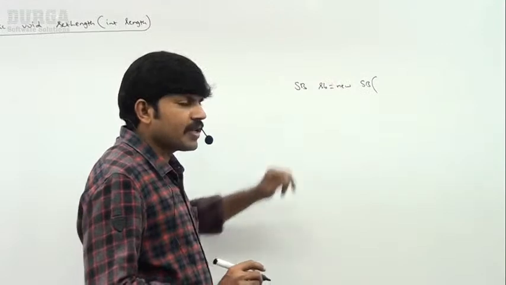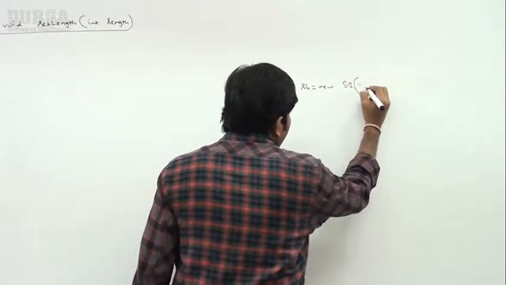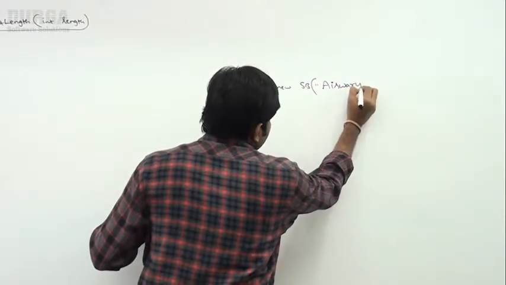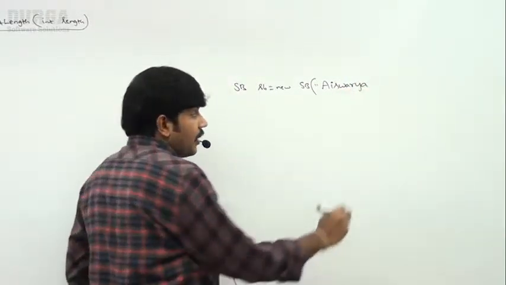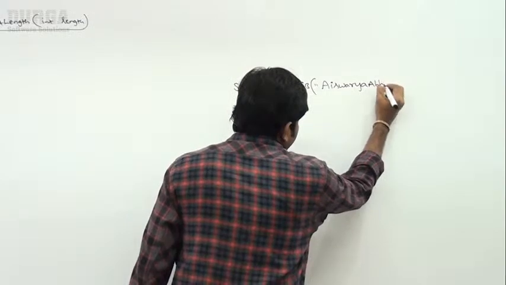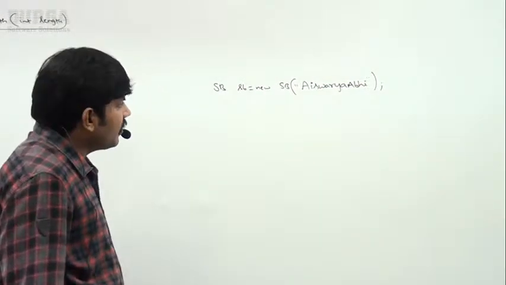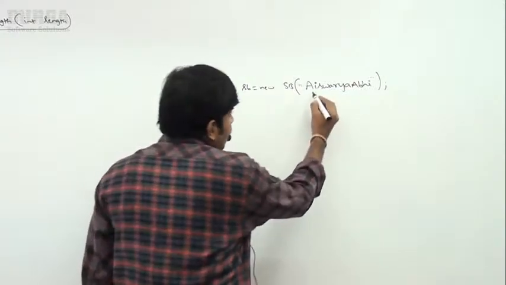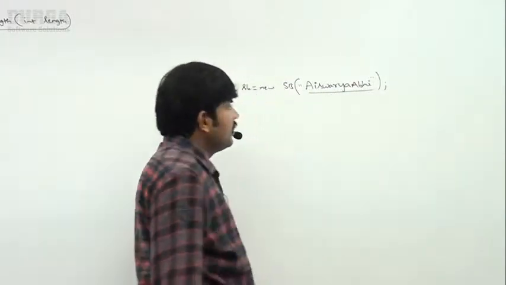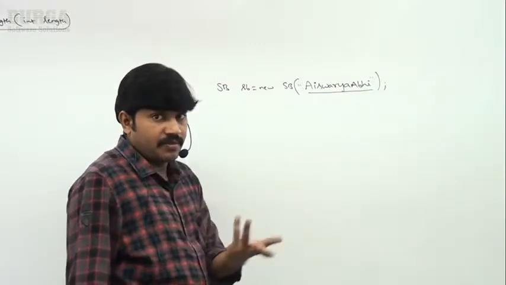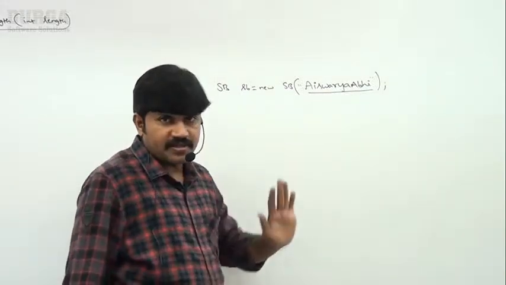Now, StringBuffer sb equals new StringBuffer of, assume, Aishwarya Abhi. Can you please tell how many characters are there? Maybe 8 plus 4, around 12 characters. I'm not sure, but more characters are there.